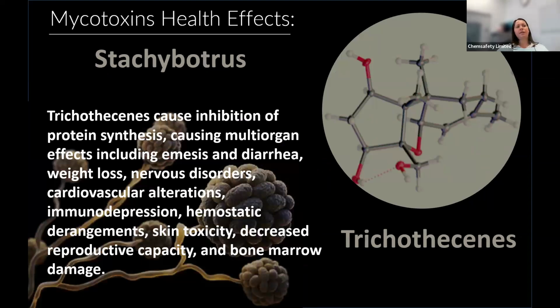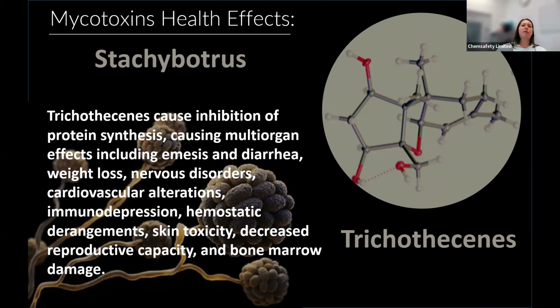Stachybotrys produces trichothecenes. These cause the inhibition of protein synthesis, which causes multi-organ effects, including emesis and diarrhea, weight loss, nervous disorder, cardiovascular alterations, immunodepression, hemostatic derangements, skin toxicity, decreased reproductive capacity, and bone marrow damage.